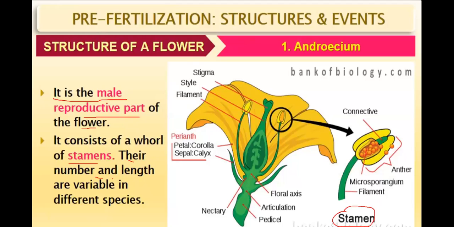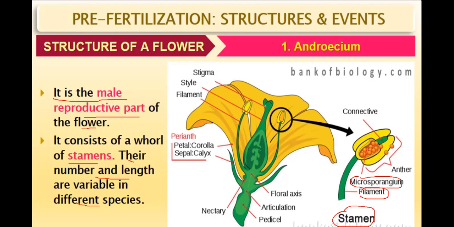Their number and length are variable in different species. So here, this is a stamen. It is having microsporangium. It is made of two parts, filament and anther, and within the anther there is microsporangium, and within a microsporangium, microspores are produced.